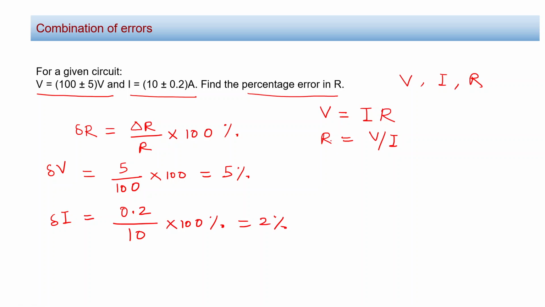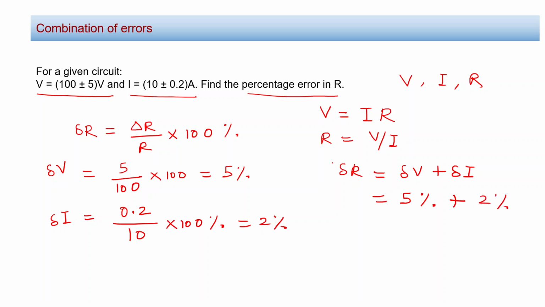And since R is the ratio of V and I, the relative error in resistance will be delta V plus delta I, because the rule says that the errors are always added. So the error in V is 5% and the error in current is 2%.